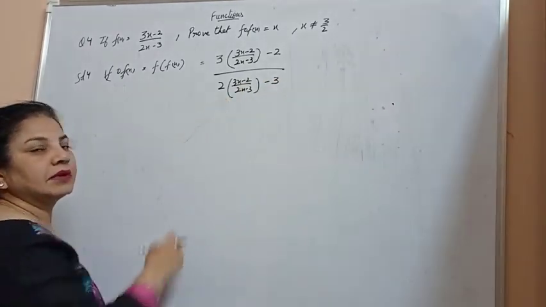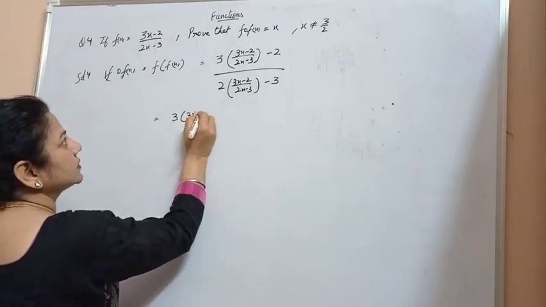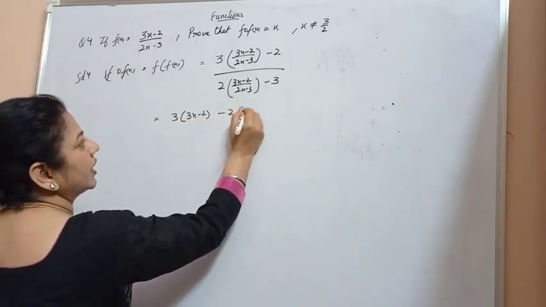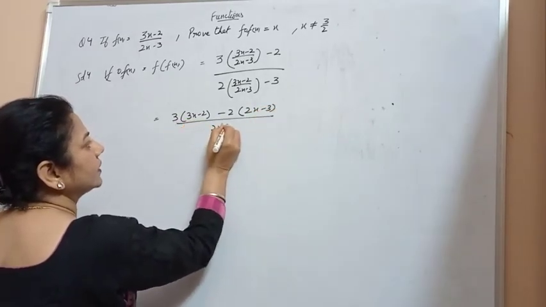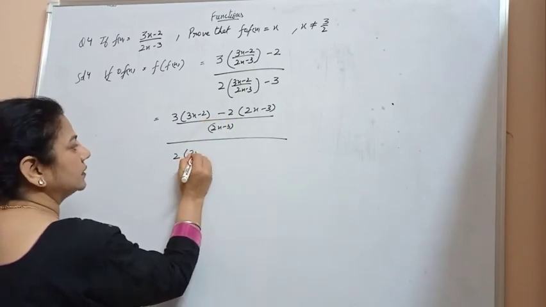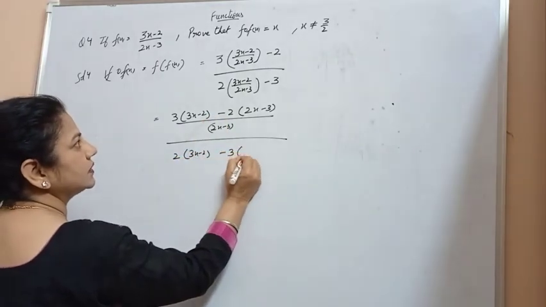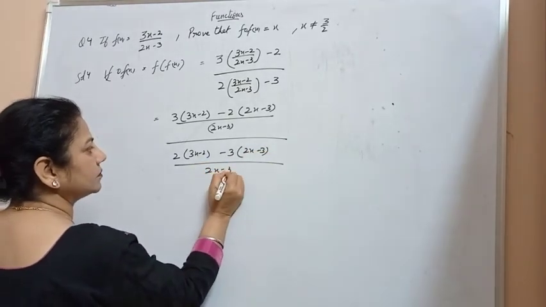Now take the LCM and solve it. I will get 3 times 3x minus 2 minus 2 times 2x minus 3 whole divided by 2x minus 3. Again 2 times 3x minus 2 minus 3 times 2x minus 3 whole divided by 2x minus 3.